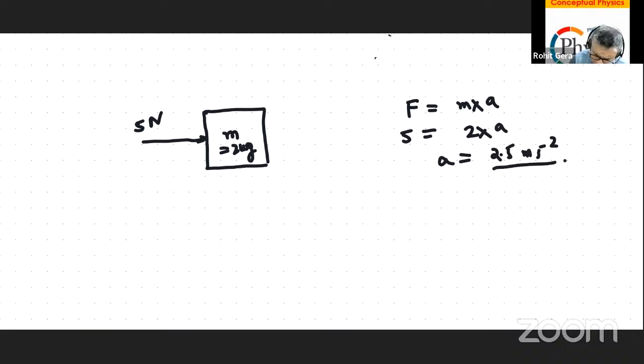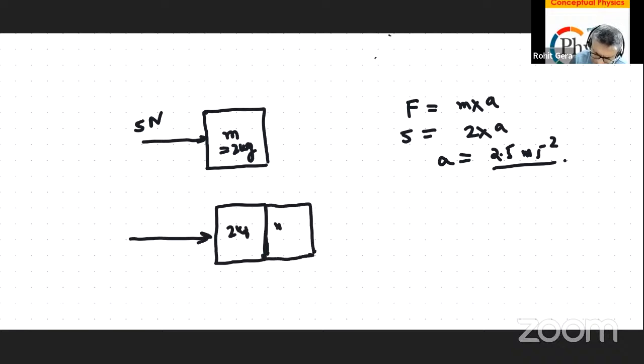Now what I do is I connect this to another block. This is 2 kgs, this is 4 kgs, and this is now 5 newtons. First question, what is the acceleration of the system? So you will say these two blocks are a single block, so force is equal to, and they're touching each other, and there will be a contact force between them, which will be an action.